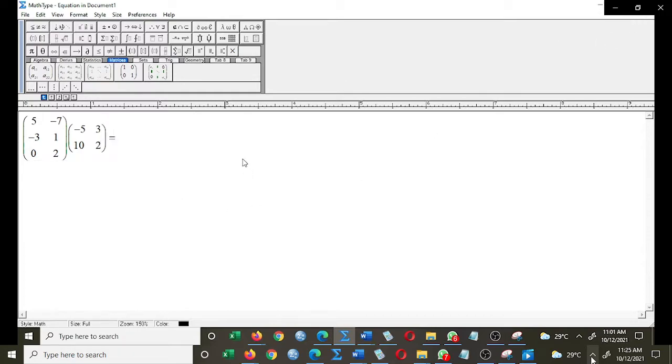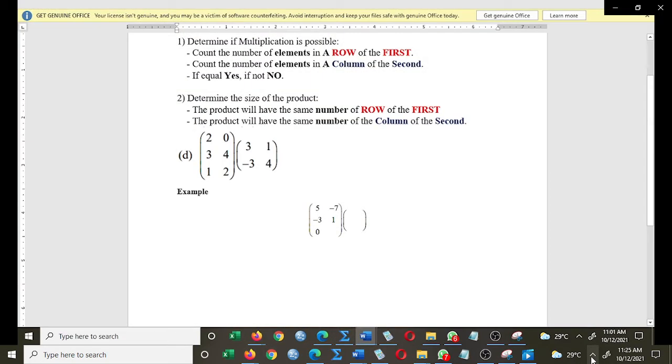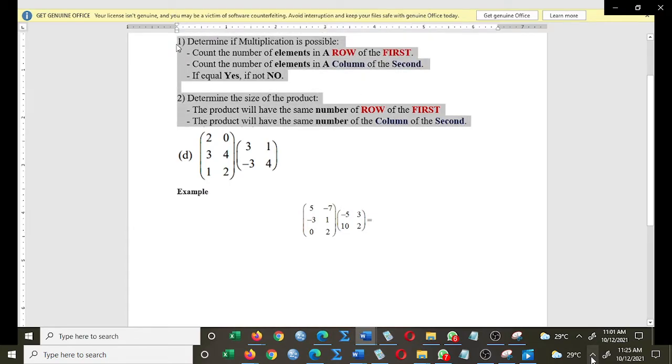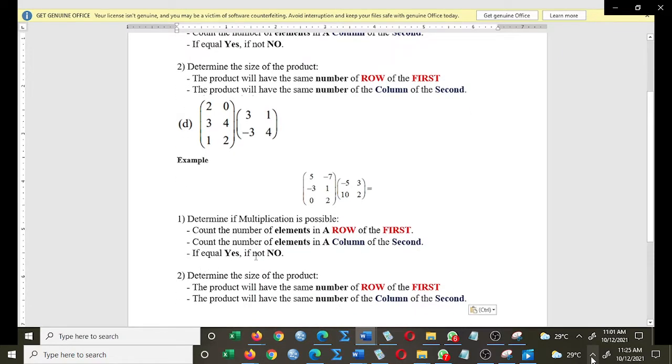All right, let's apply this now. Let's determine if multiplication is possible.